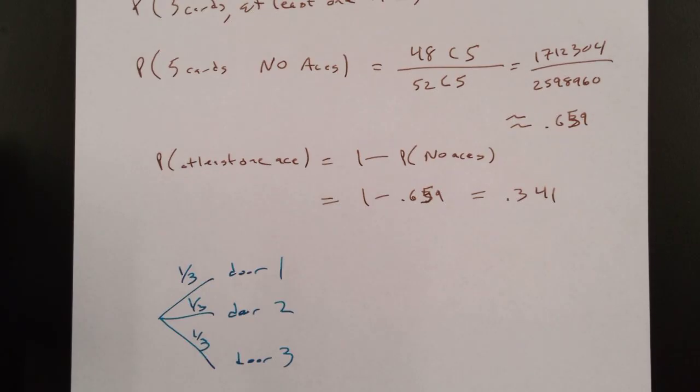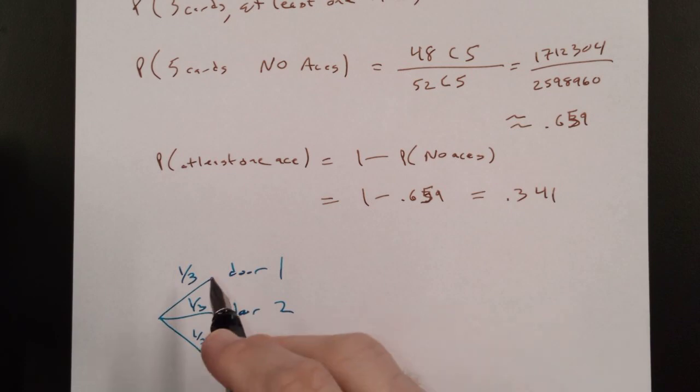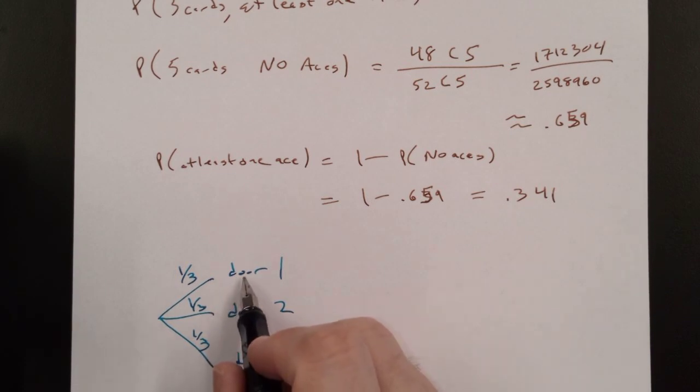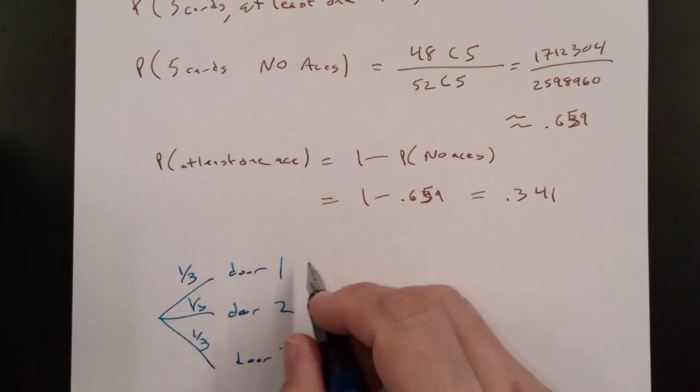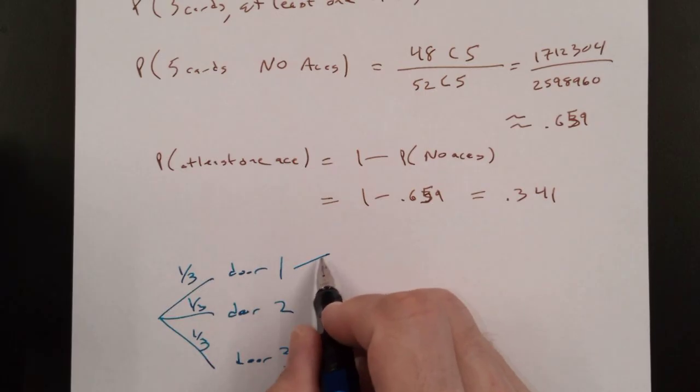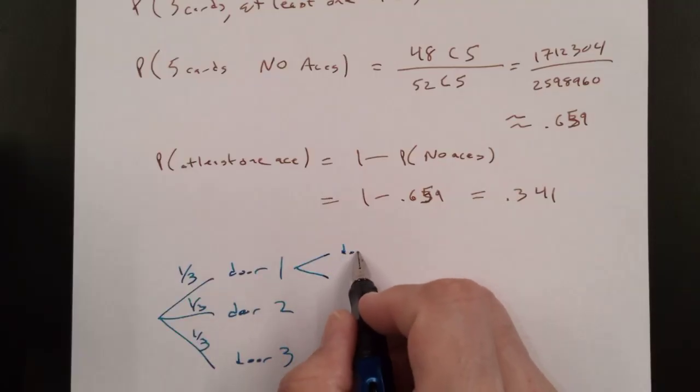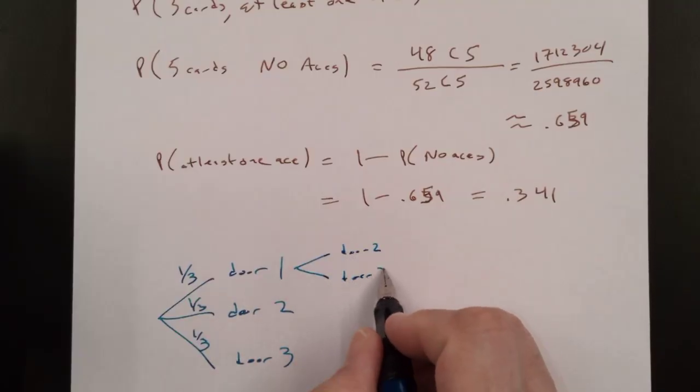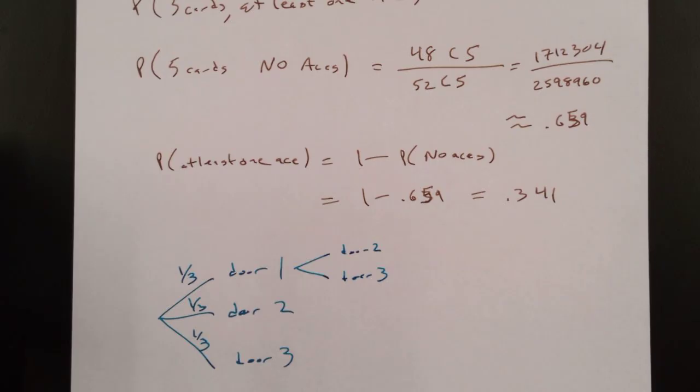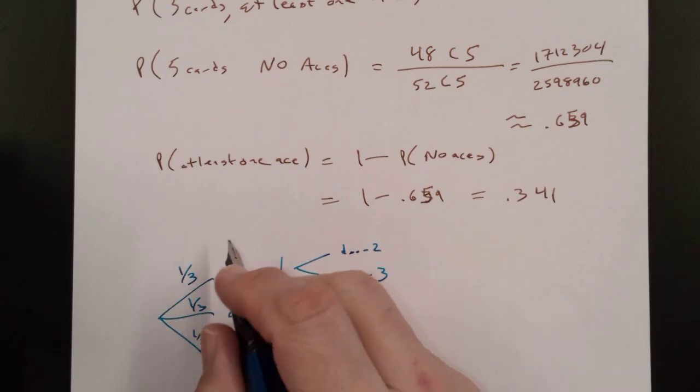There's a lot to be thought about in the branching that comes after here. If the car is behind door 1 and you picked that door, then I can either open door 2 or door 3. I have information you don't, right?